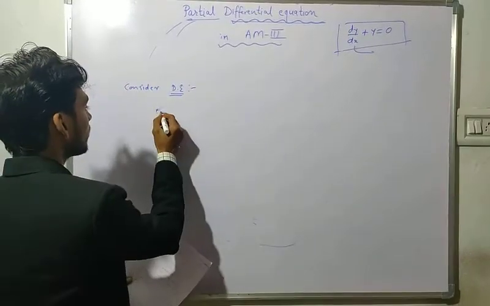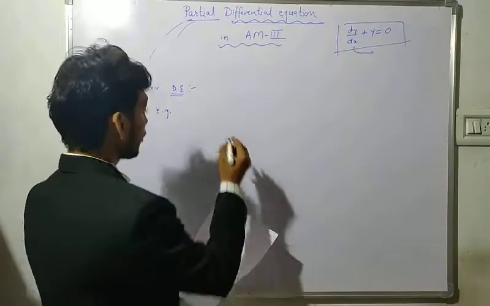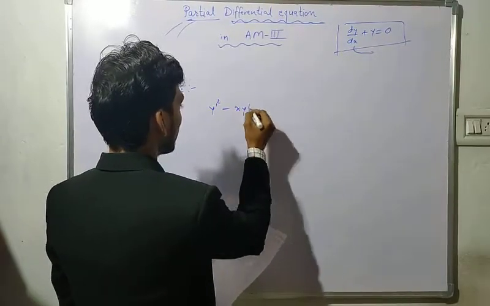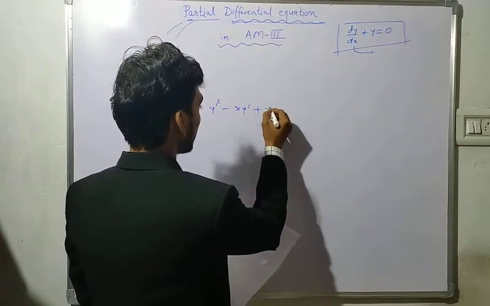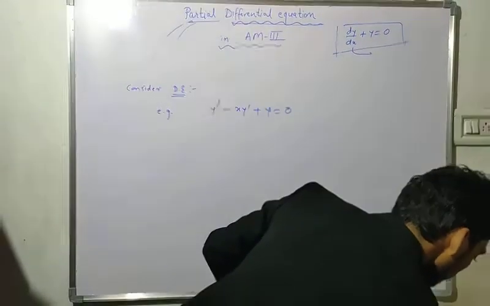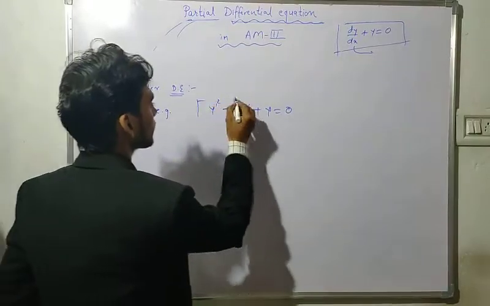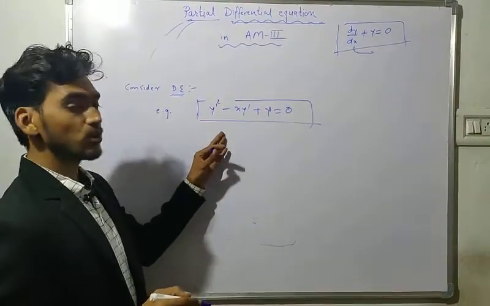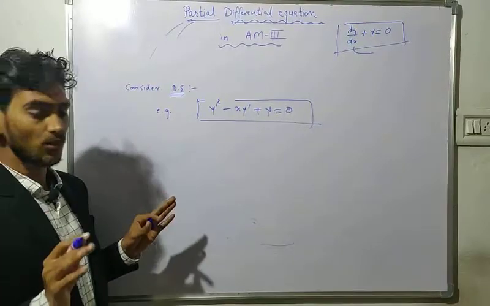For example, y dash square minus xy dash plus y equal to 0. So this is also one of the differential equations.